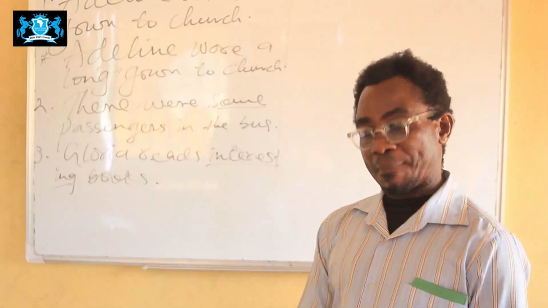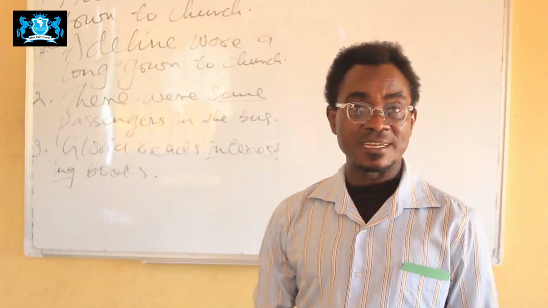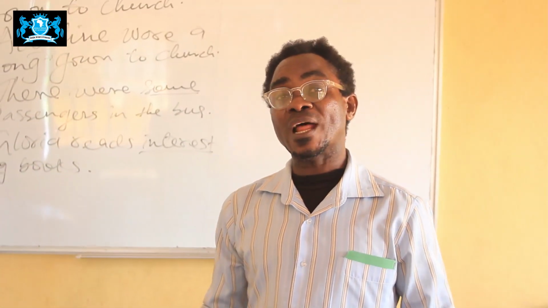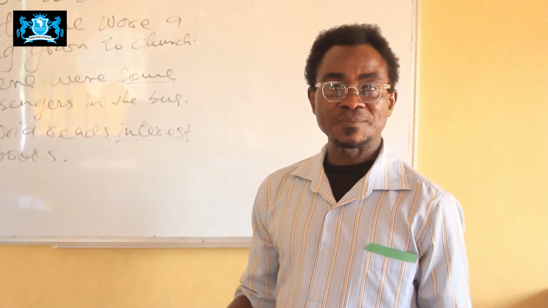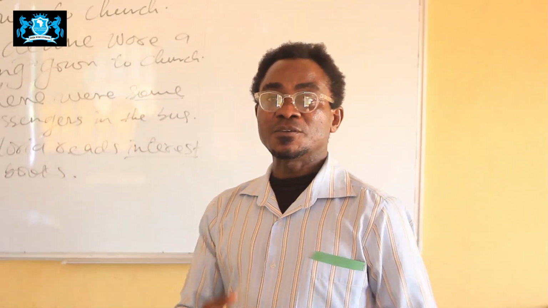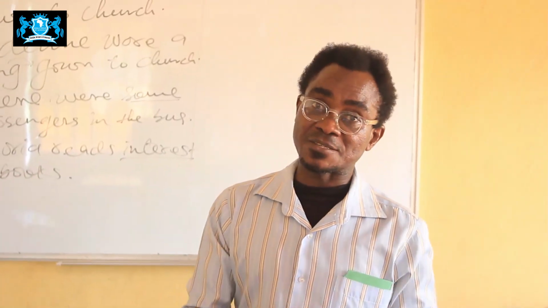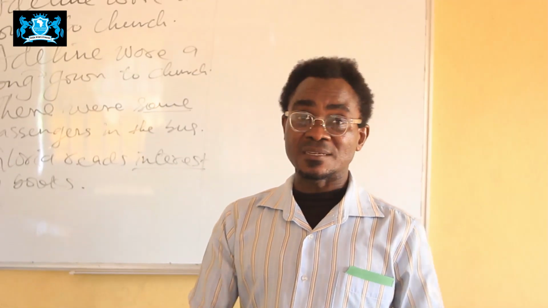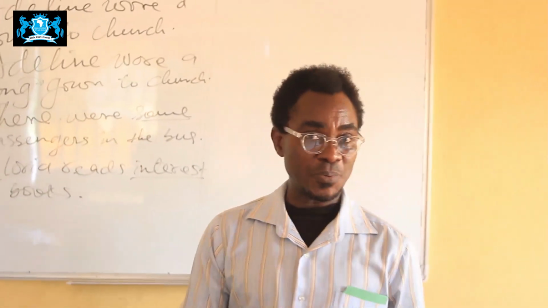Now, something about adjuncts is that they are additional. They provide extra information. So, they can be done without, in a sense. They are not so important. A user of English uses an adjunct when he or she feels it is necessary to do so in order to provide more information about a noun or a pronoun.